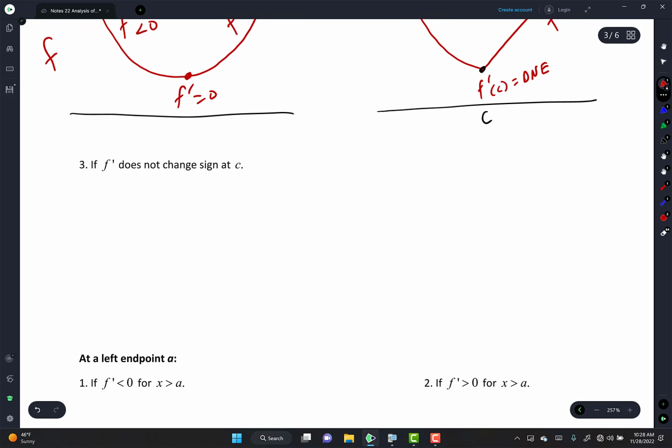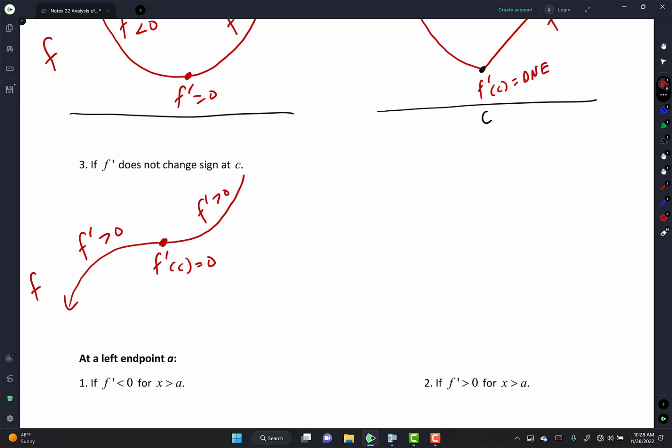Let's see, f prime does not change signs at C. So it could happen like this, and the graph is f. It could happen like this.